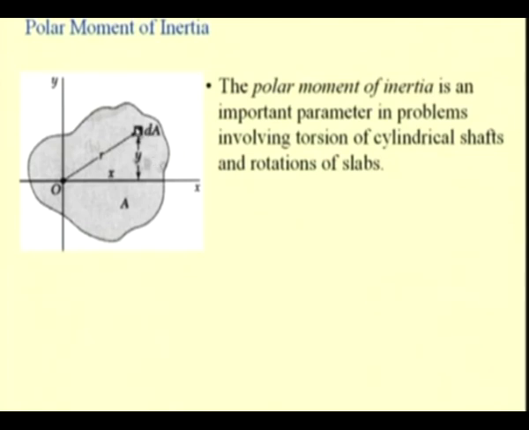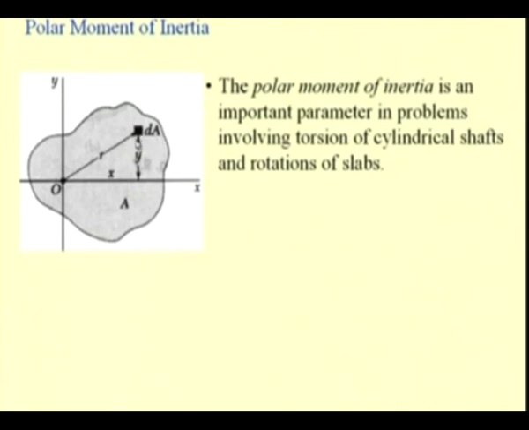So, let us take this area dA, which is at distance y from the x axis and x from the y axis. The second moment of this area with respect to the x axis we have already seen is y square dA.